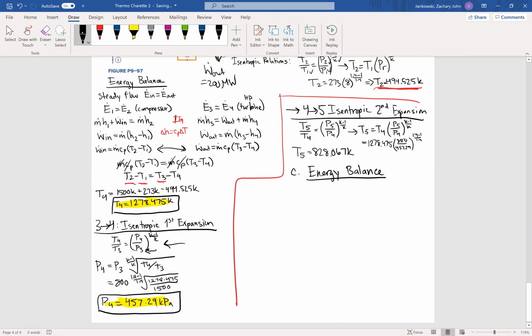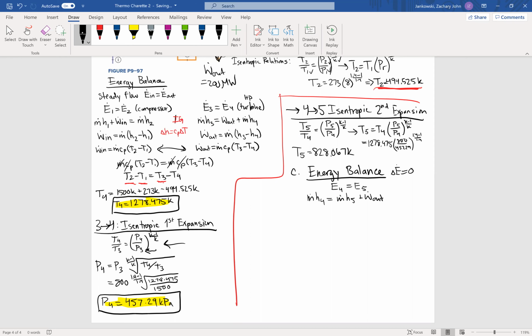And with that said, remember that our delta E is equal to 0 for steady flow. So our E4 value will be equal to our E5 value. And when we break this up again, we get that our mass flow times the enthalpy at state 4 is equal to our mass flow times enthalpy at state 5 plus our power out.